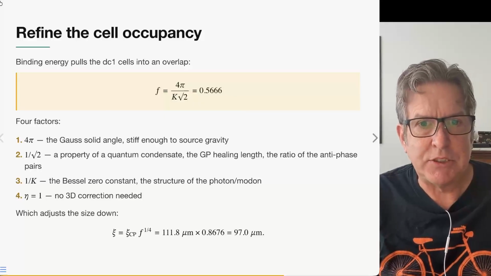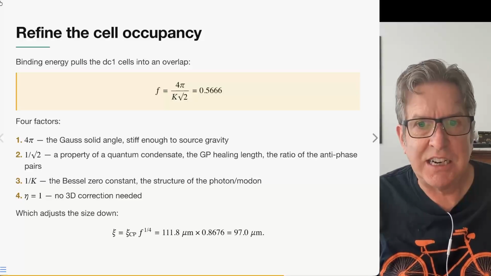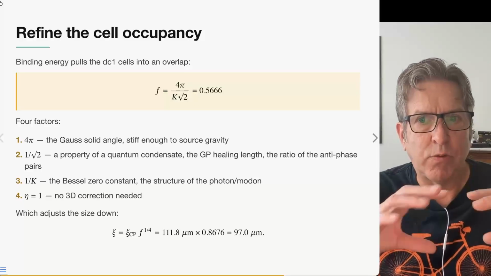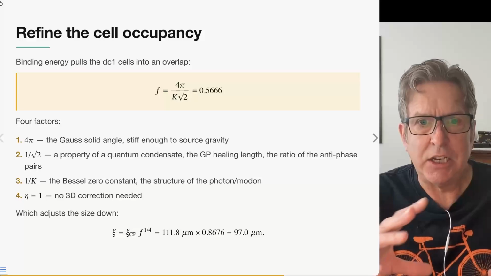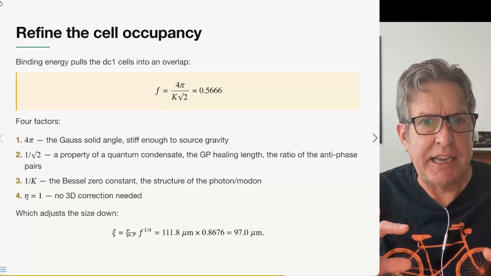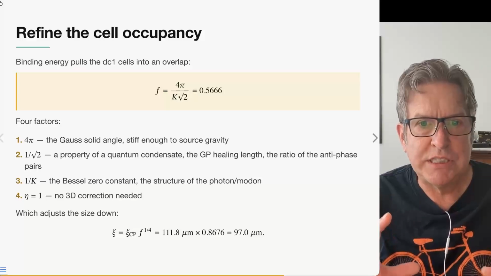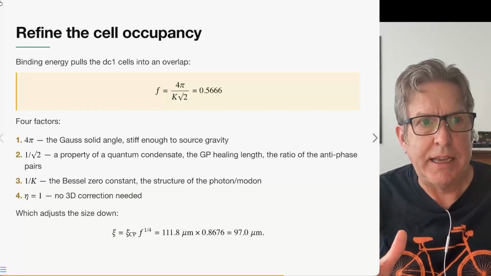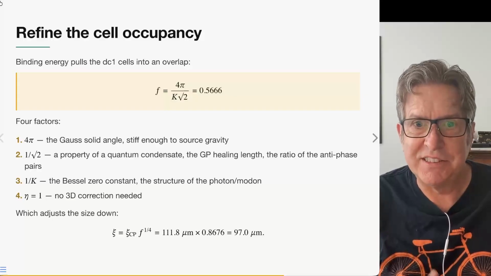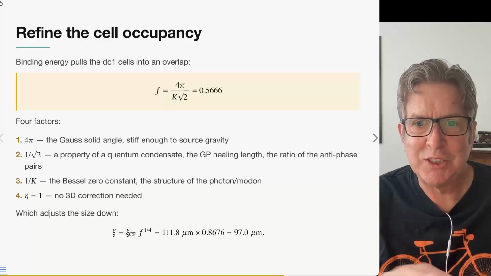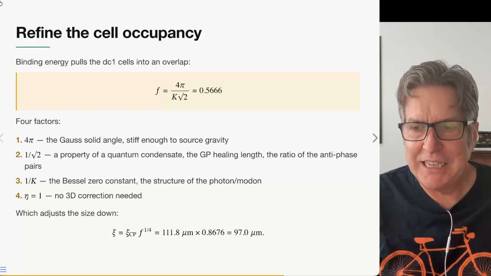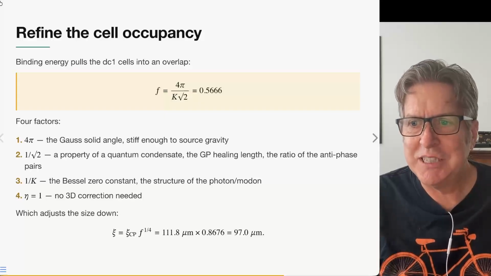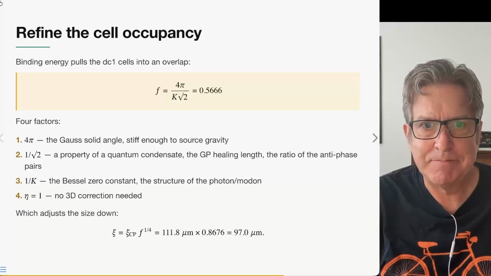And in that geometric prediction, each factor has a physical reason. So the 4 pi is the solid angle that gravity needs. And the 1 over square root of 2 is the healing ratio of the antiphase cores in the condensate. And the 1 over K is the Bessel zero from the photon-modon structure. And close packing of the substrate shows that we don't need to correct this for 3D.